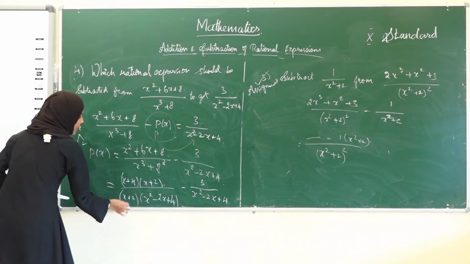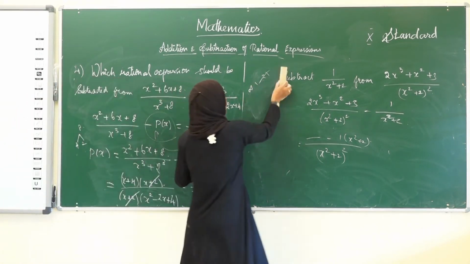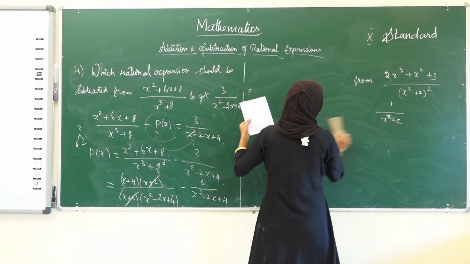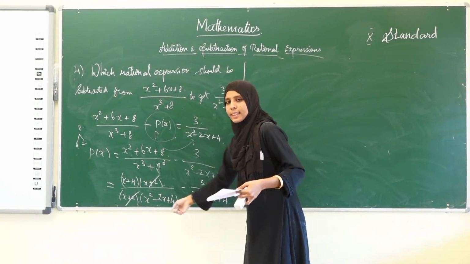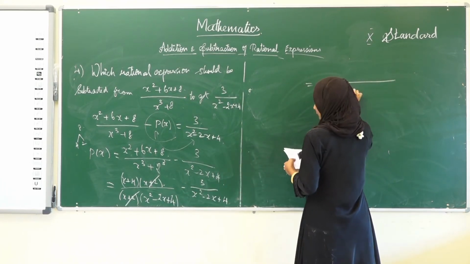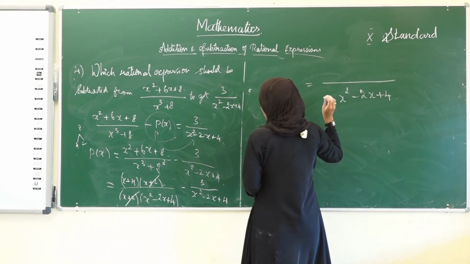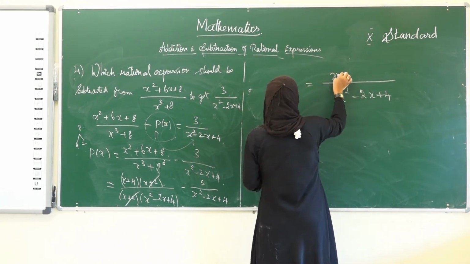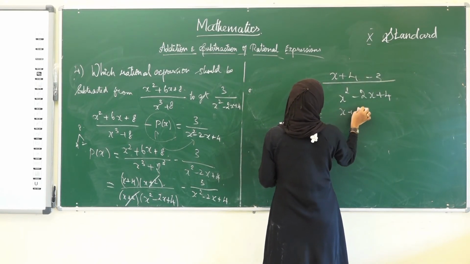See here, we have common terms x plus 2 and x plus 2. This can get cancelled. Now see the denominator, we now have the same denominator. Therefore we can take the denominator as x square minus 2x plus 4 and the numerator as x plus 4 minus 3, which is equal to x plus 1.